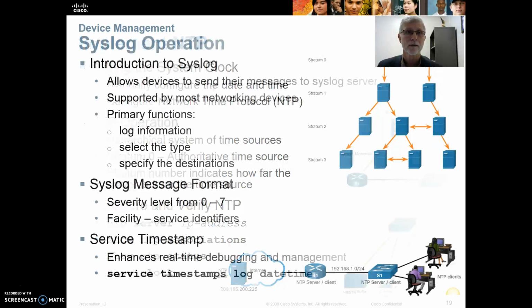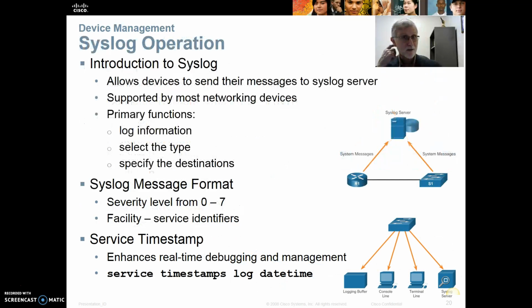All of these commands help me verify either what I've received from an authoritative time source or ones that I've set up. Now, syslog allows devices to send me messages and allows me to log and extract the messages that I want. So the primary function is it logs the information, but I can also select the type of message, and I can specify destinations that I want these messages sent to.